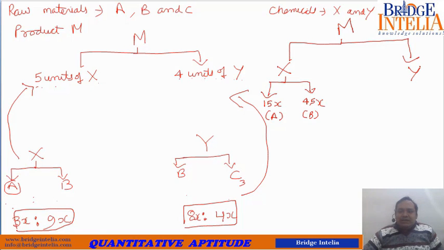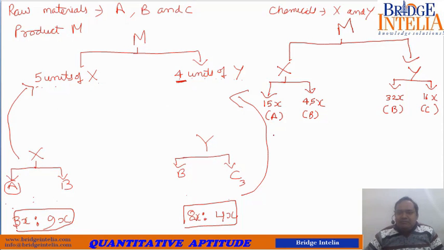Similarly, as for chemical Y, we have used 4 units. So 8x into 4, 32x of B, and 4x into 4, 16x of C reaches the final product M.